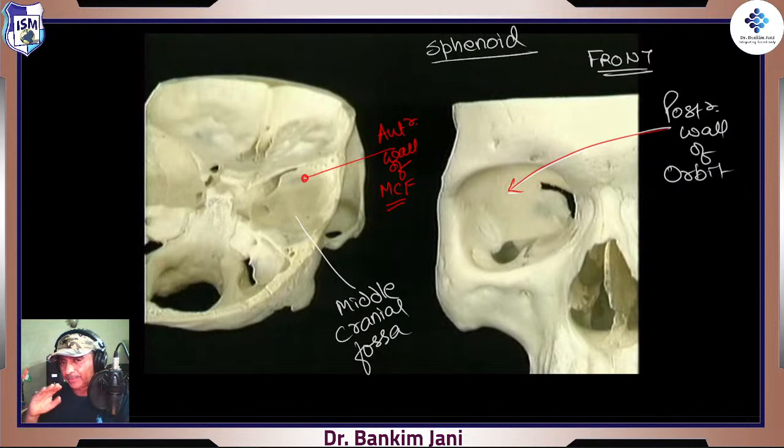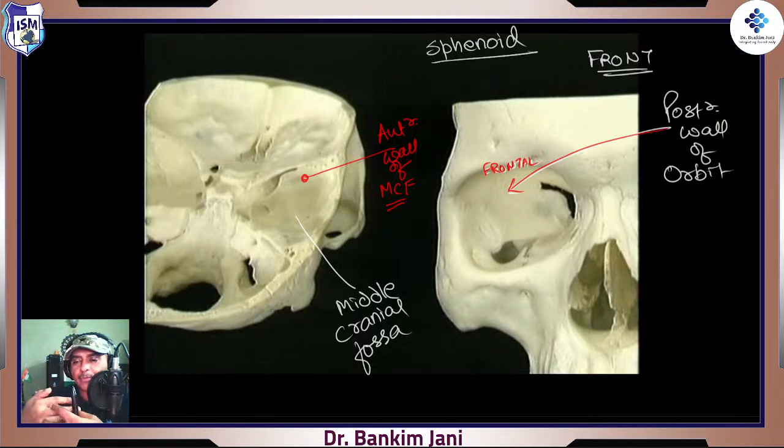So think of it this way. The orbit is there. Who was forming the roof of the orbit? Anterior cranial fossa, right? Which bone was that? That was frontal bone. So here was the frontal top roof. And then there is middle cranial fossa. In between there is a wall.